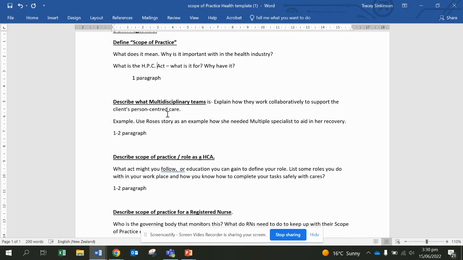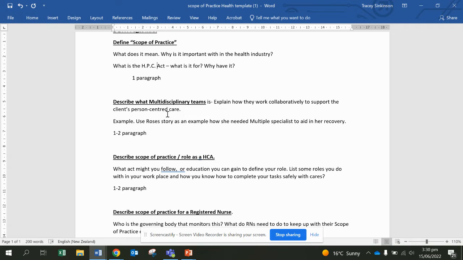So multidisciplinary in healthcare means they're all trained to help somebody's needs, but one might be trained as a dietitian, one in occupational therapy, one as a doctor, one as a registered nurse, one as a physiotherapist. It takes all these experts to help and support the client to get the best for the client.